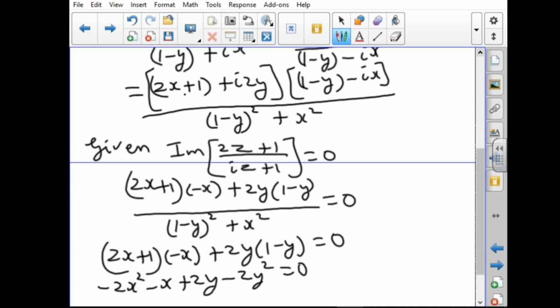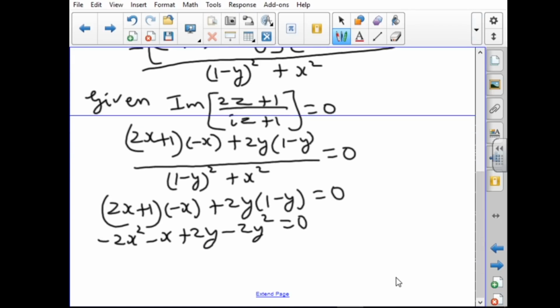Now multiplying throughout by minus sign, we get 2x square plus 2y square minus 2y plus x is equal to 0, hence proved.